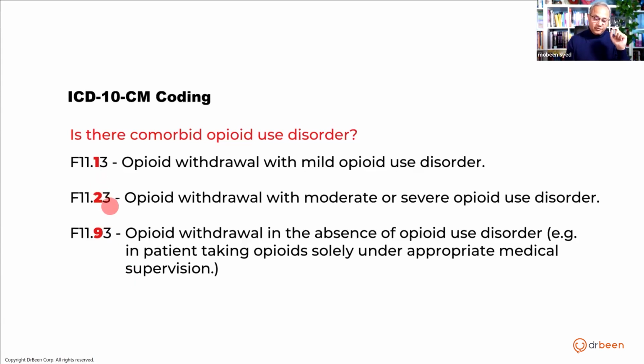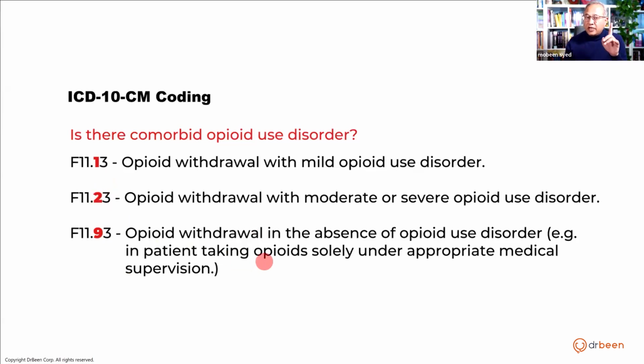So if it is opioid withdrawal with mild opioid use disorder, then you'll use 1 at the fourth position. Opioid withdrawal with moderate or severe opioid use disorder, then you'll put 2.